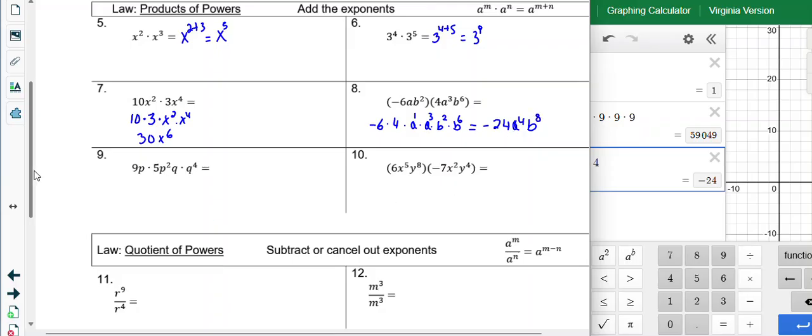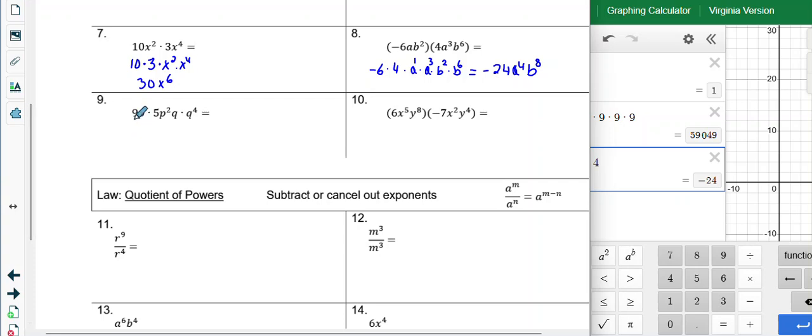All right. 9 times 5, which is 45. And then you have p. Remember there's a 1. So 1 plus 2, which is 3. And then q is 1 plus 4, which is 5. I kind of skipped this step by writing everything out; I just did the calculation. You can do that as well if you feel comfortable.